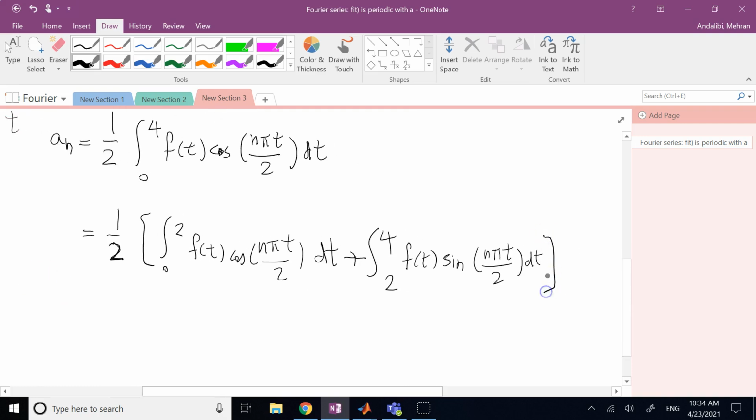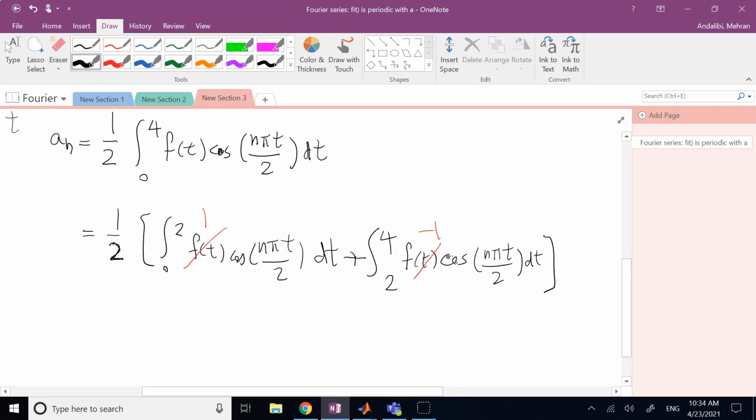And in each one of these ranges, the function changes from +1 to -1. And you know integral of cosine is a sine function. By the way, this is a cosine. I'm sorry for the mistake.